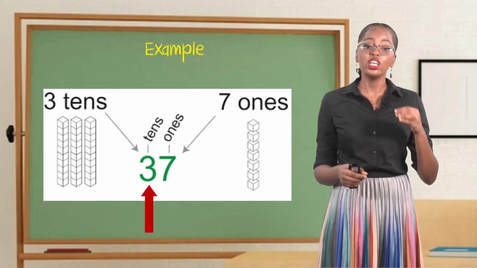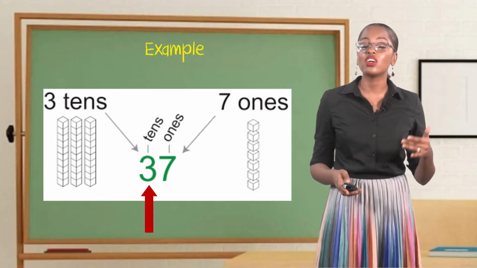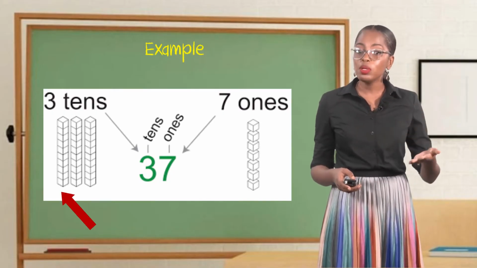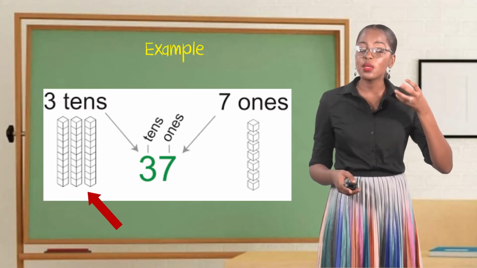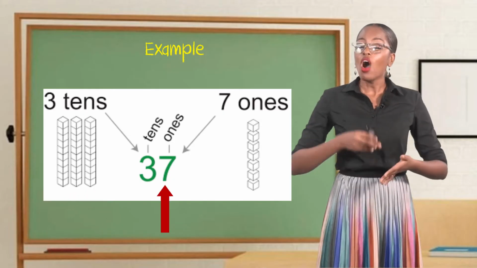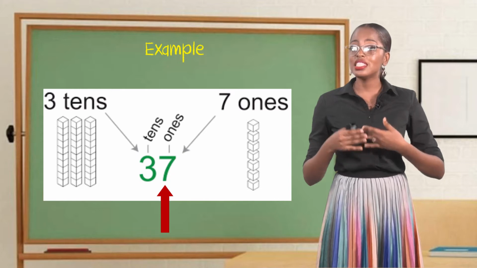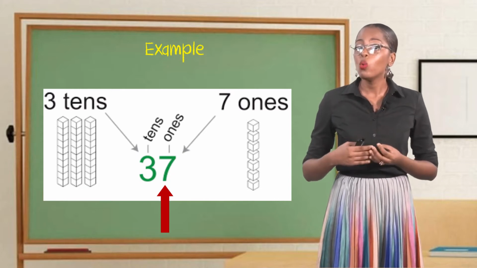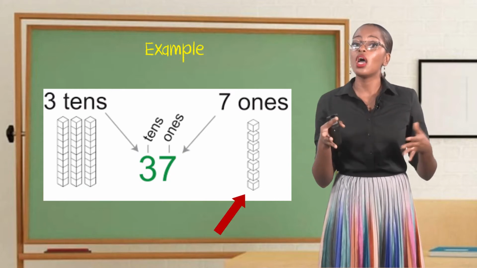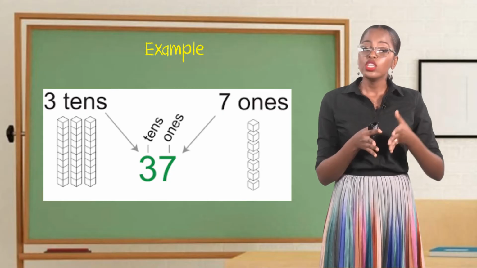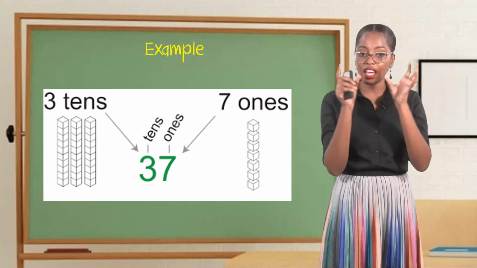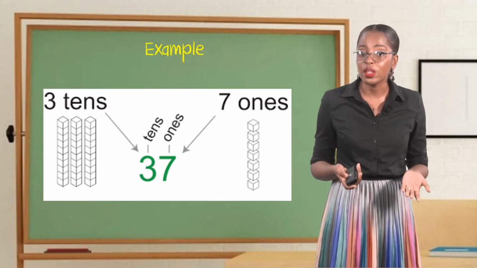In 37, the 3 is taking up the place of the tens, which simply means that 3 tens make 30. On the other hand, the 7 is taking the place of the ones, which means there are 7 ones being added to the 30. So when we add 30 plus 7, we would get 37.